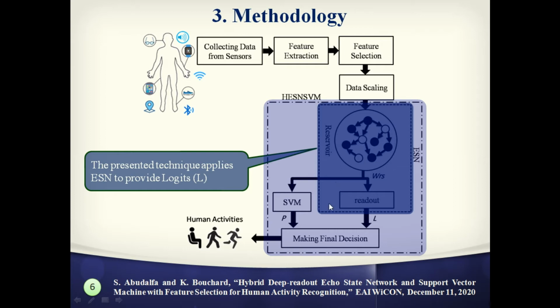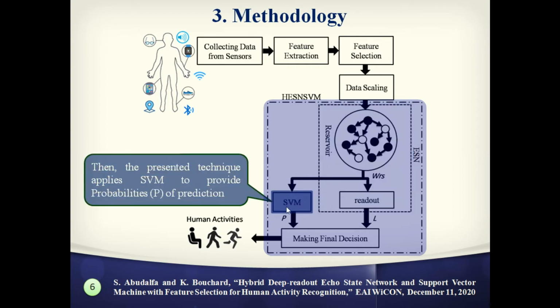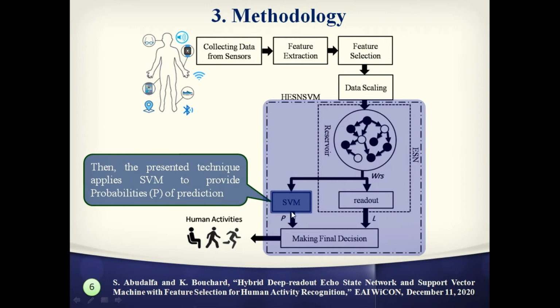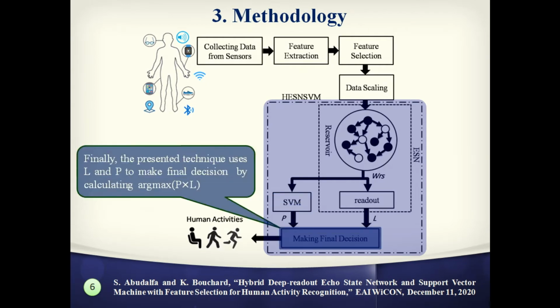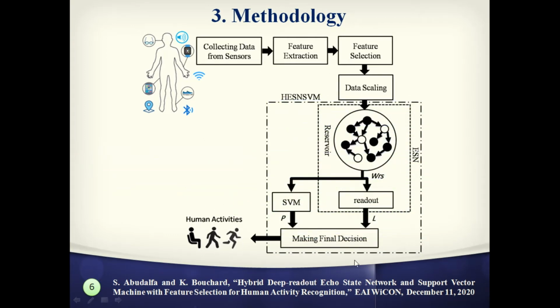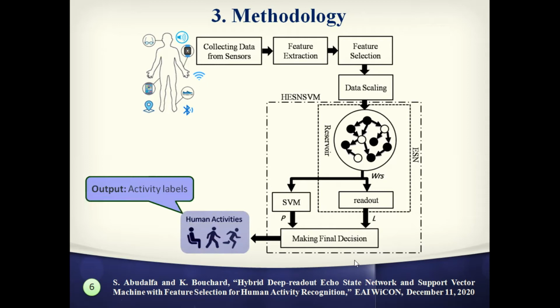Then the technique applies a support vector machine to the same normalized data, and the output of the support vector machine will be probabilities of prediction corresponding to the same data points. Finally, the technique will use both probabilities and logits to make the final decision. Of course, the output will be activity labels.